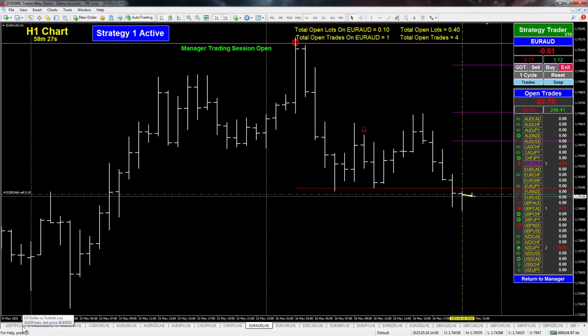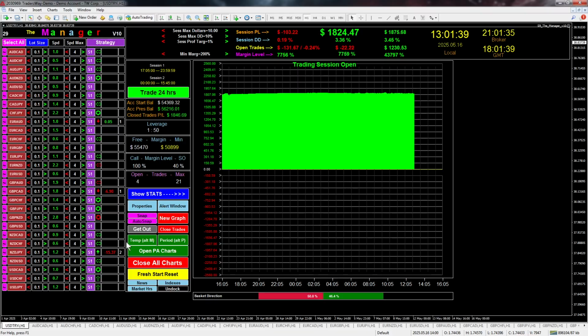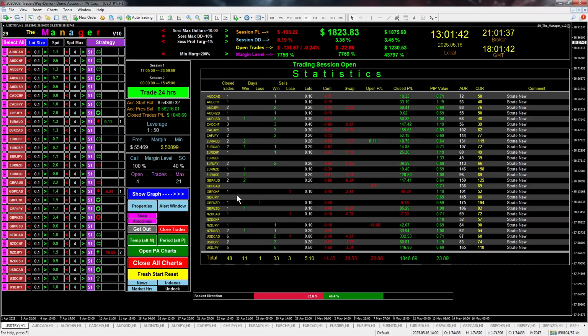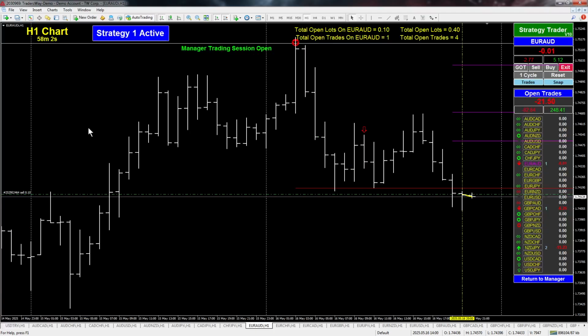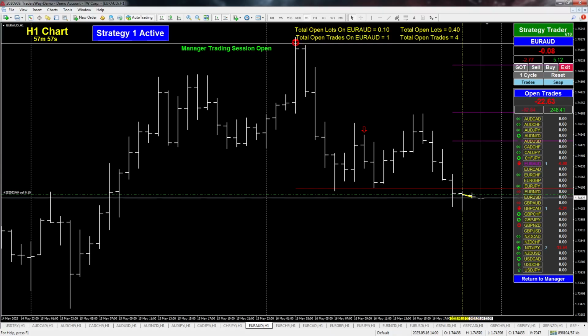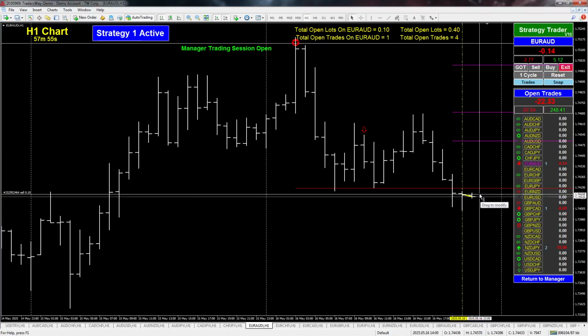Let's see, this is the Euro Aussie. If you go back here, Euro Aussie is right here. The average daily range is 131 pips. So let's see how many pips that first one would have been.